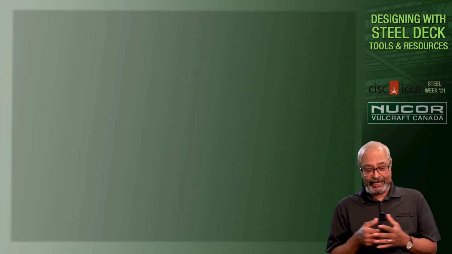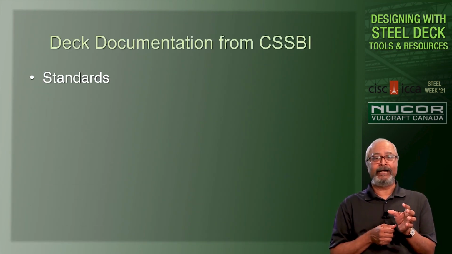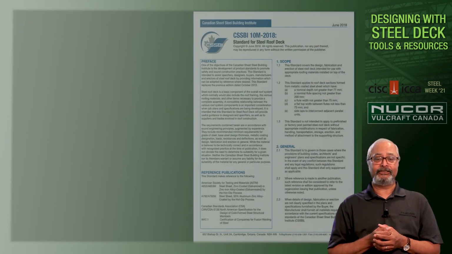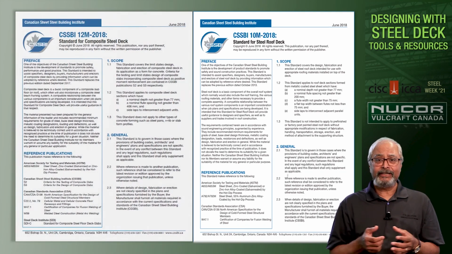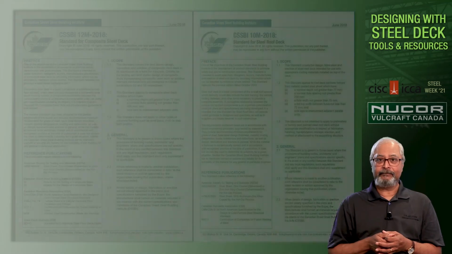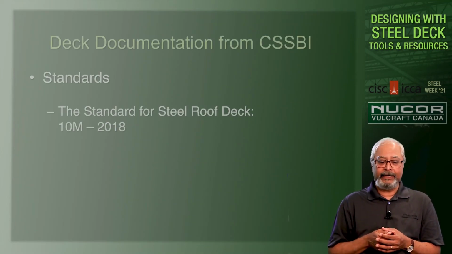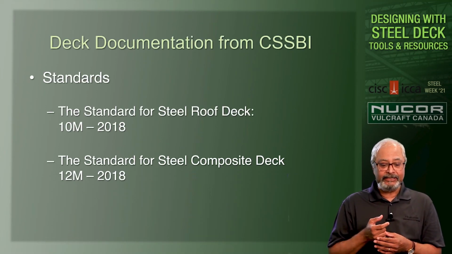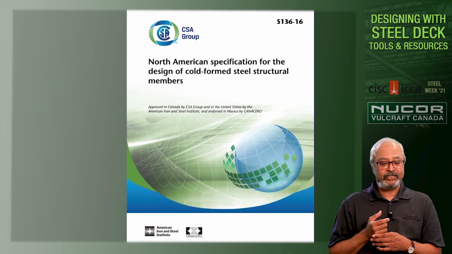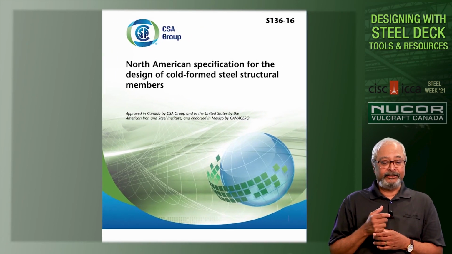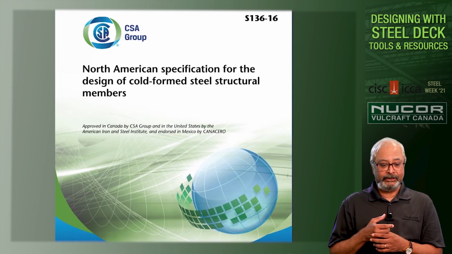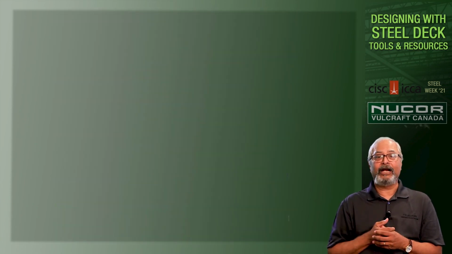The roof deck standard, which is the CSSBI 10M, and the composite floor deck standard, which is the 12M. I think the current revisions for both of these are 2018. Now, also available is the CAN CSA S136, which is a North American specification for the design of cold-formed steel structural members, or cold-formed carbon steel.